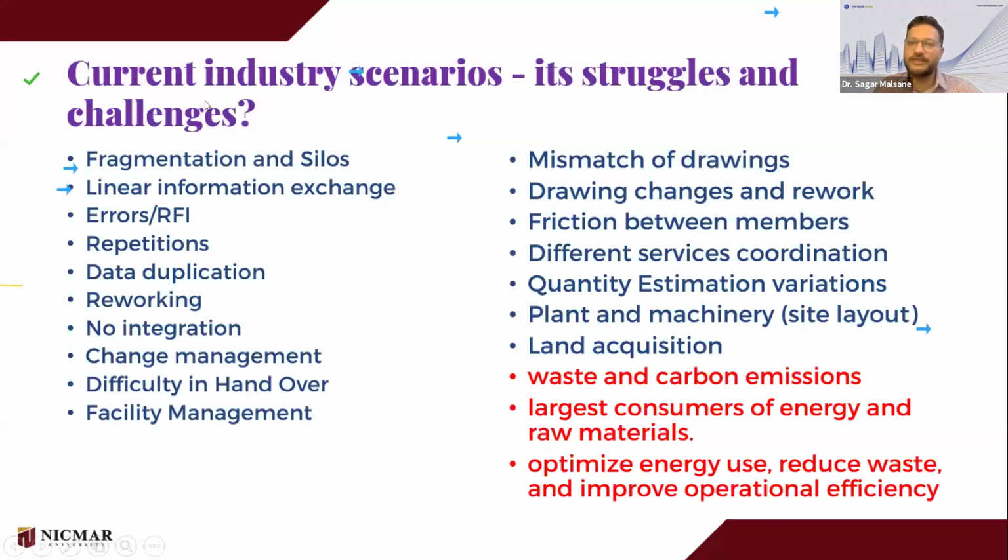So we need to come up with ways to ensure that we use appropriate materials, or optimization of materials, etc. And our design should be such that we are able to optimize energy use, reduce waste, and improve operational efficiency. So that is also a challenge that we have to live up to as a construction industry.